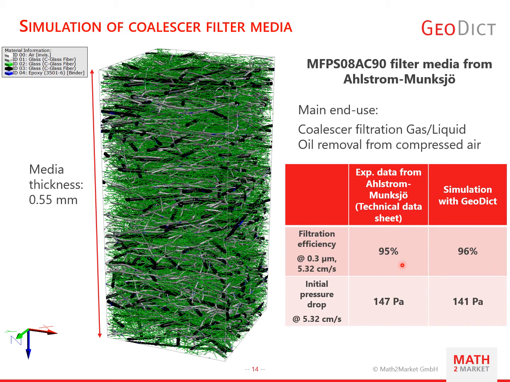A bit of deviation may exist, and this is mainly due to the fact that the mean aerosol size is reported here as 0.3, but in reality we have a distribution of aerosols which is probably in the range of 0.2 up to 0.5 micrometer, and depending on how we exactly define this aerosol size distribution for the simulation based on the experiment, we may have a very slight deviation.